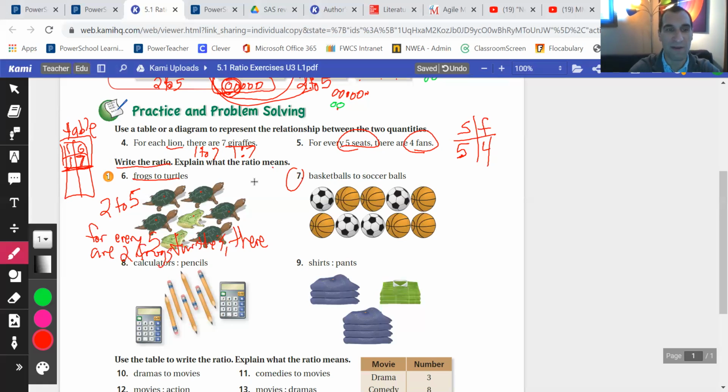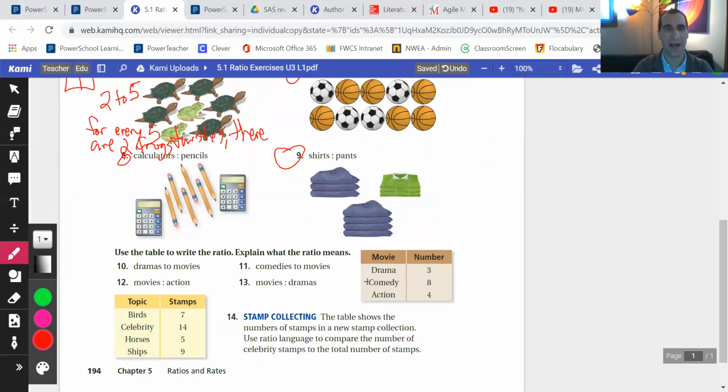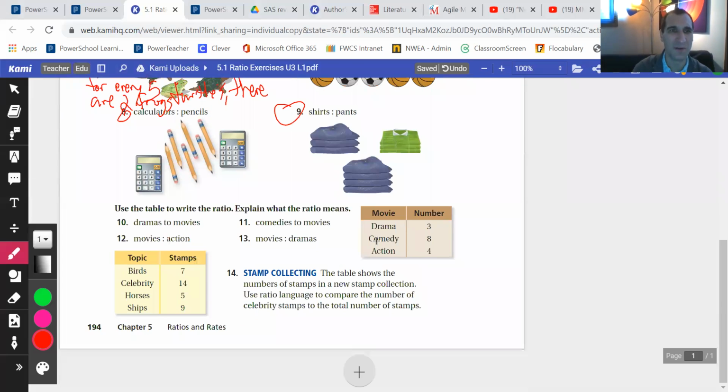And of course, number 7, 8, and 9 are all the same on that concept, so I won't go over those. This one says, use the table to write the ratio below. Explain what the ratio means. We're going to use this table for questions 10 through 13. This says dramas to movies. Well, there are 3 dramas.